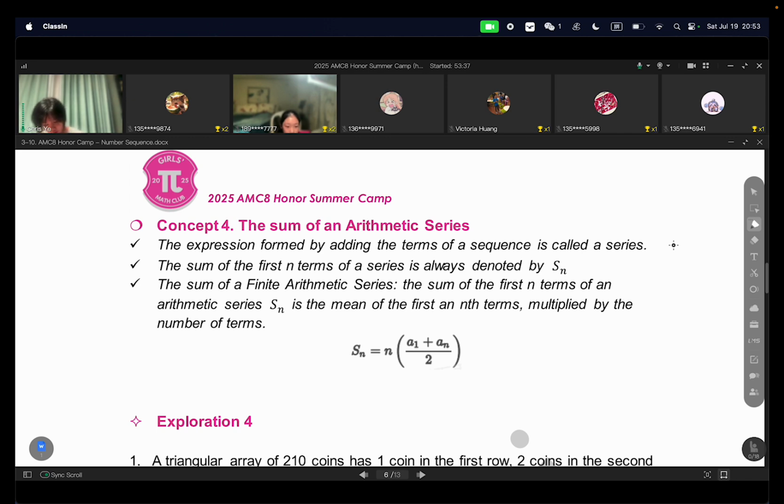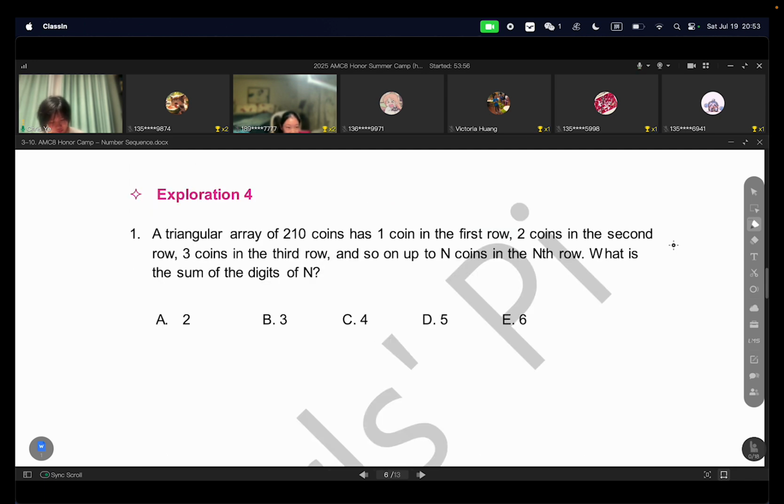So let's say n is the number of terms. That means we will also have to find out the number of terms beforehand. Then we can just multiply it by the first term plus the last term divided by 2. I'm going to isolate this equation 2 just in case, and let's move on to our first exploration problem.